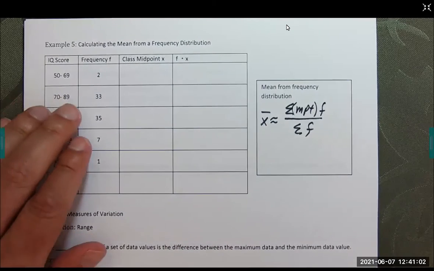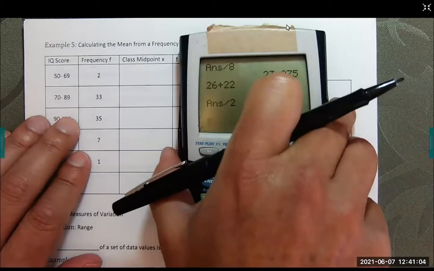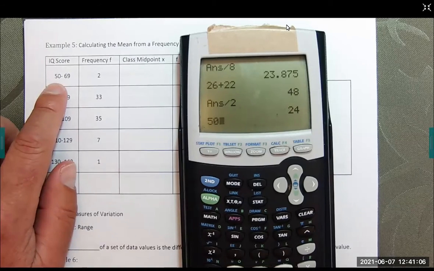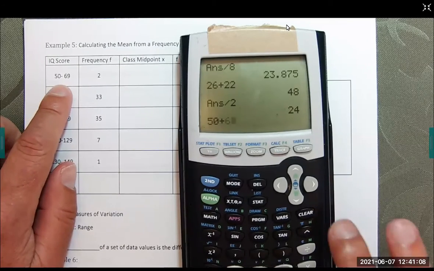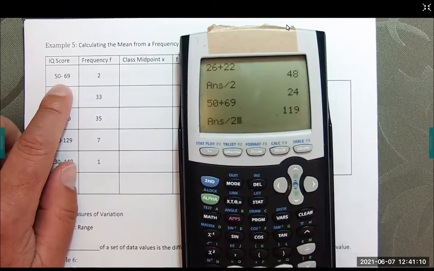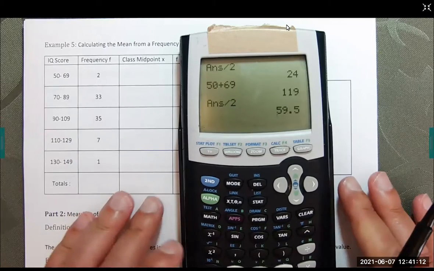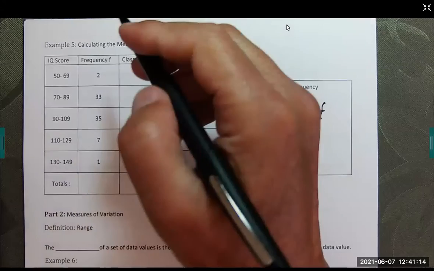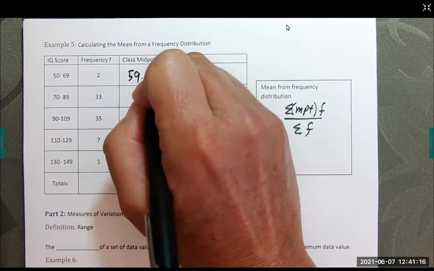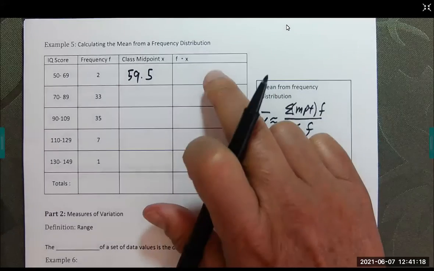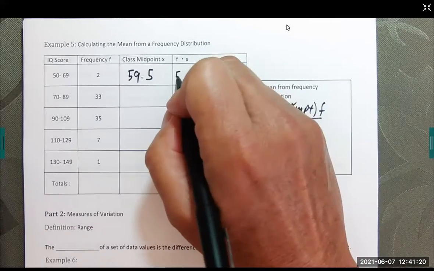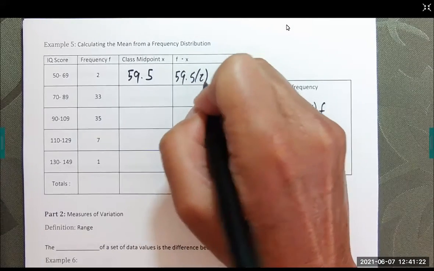To find the class midpoints, I'm going to take 50 plus 69 and divide that by 2. So 59.5. And here would go 59.5 times 2.